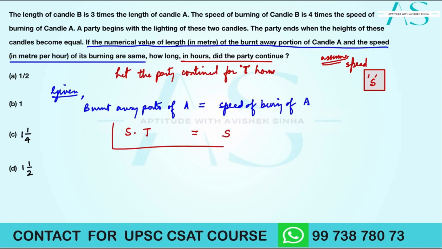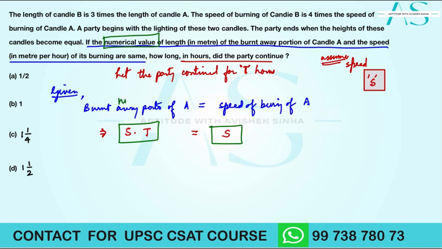अब question में क्या given है वो देखते हैं. We know that the numerical value for these two, ये दोनों का क्या same है? The numerical value, the numerical value is same, right?